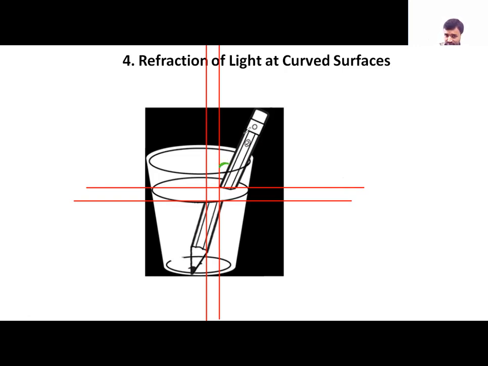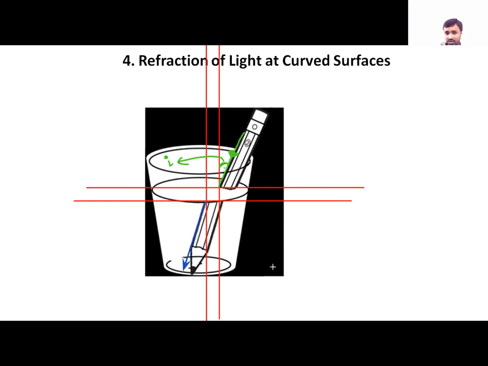This I am treating as the incident light ray for us. Here I am measuring the angle of incidence. Then below the interface, we have one more: that base, that edge of the pencil, which we are now using as the refracted light ray.